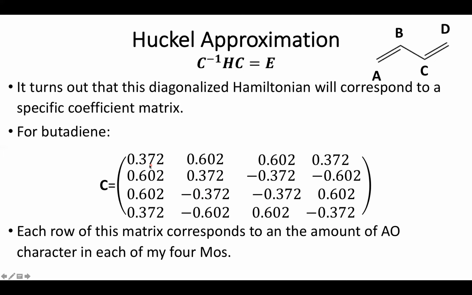So in my first system, my first MO has a little bit of contribution from A and D on my atomic orbitals, and a lot more contribution from B and C. My second MO has a little, and all of them are in phase. My second MO has a lot more contribution from A and D, but you'll notice that now A and B are in phase and C and D are in phase.